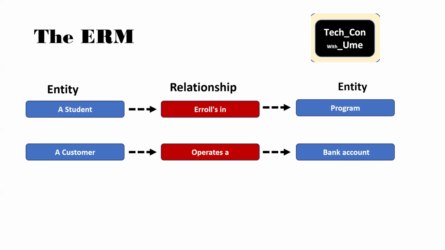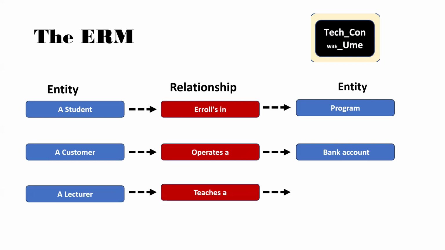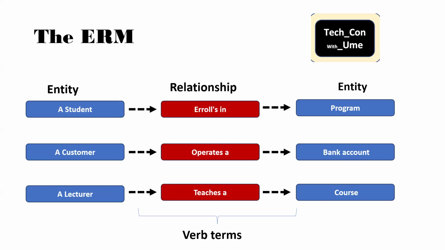Again, 2 entities that share a relationship. Also, a lecturer teaches a course. You will note that with these examples, our relationships are defined as verb terms. And so oftentimes, you will observe that relationships between entities are defined as verb terms.